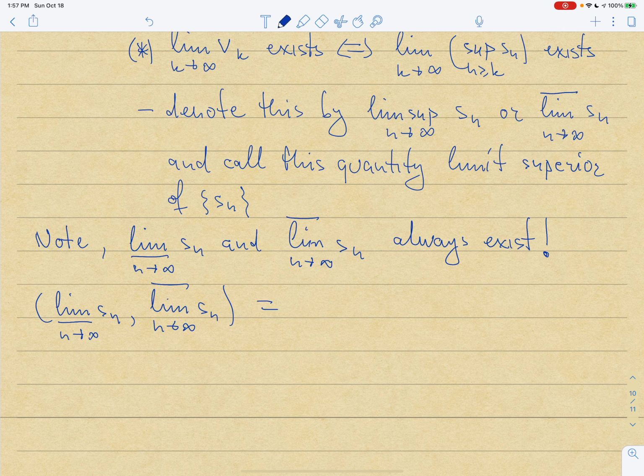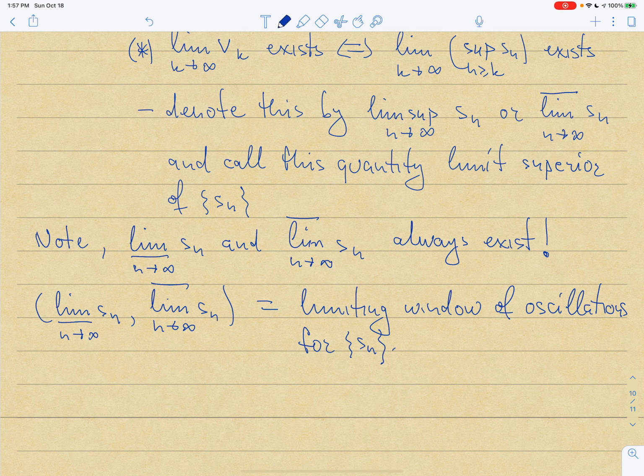This is equal to the limiting window of oscillations for my sequence Sn.